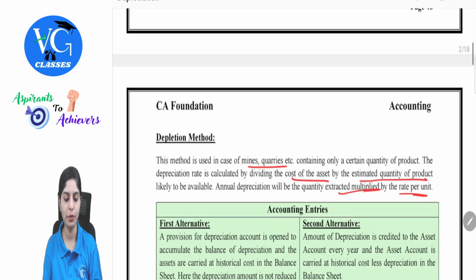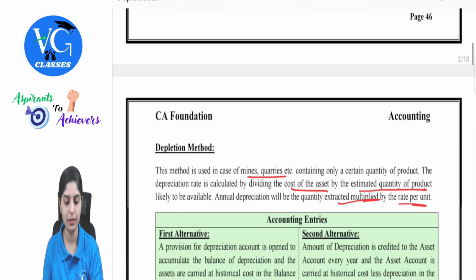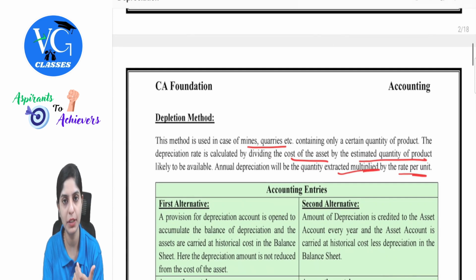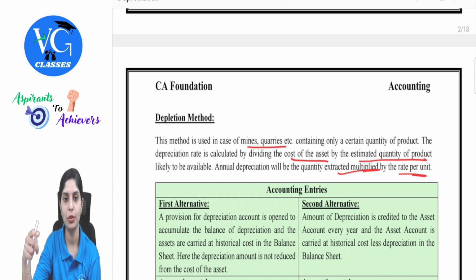Similar to what we saw under machine hour and production units, under the depletion method, you will take the cost of the asset. It can be the license cost which you incur or the lease expense. Multiply it by how much we are able to extract yearly, divided by the estimated quantity you feel you can extract over the number of years you have taken it on lease, or the particular time for which you can use the particular space, that is the mine or quarry.